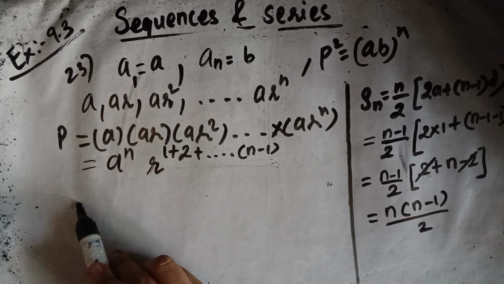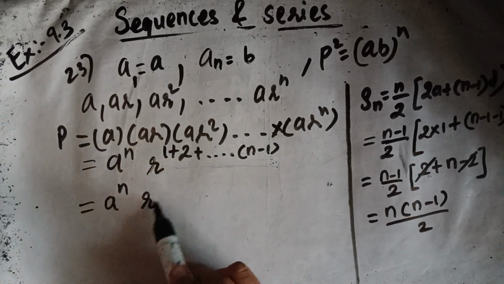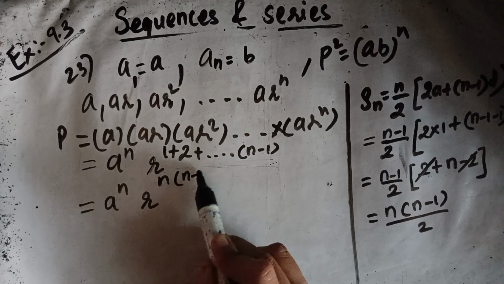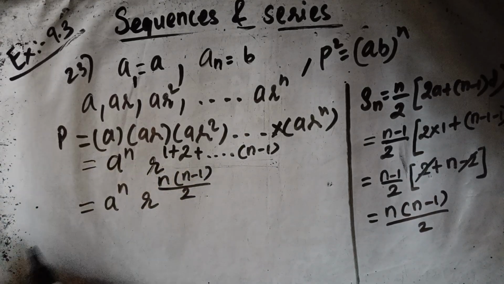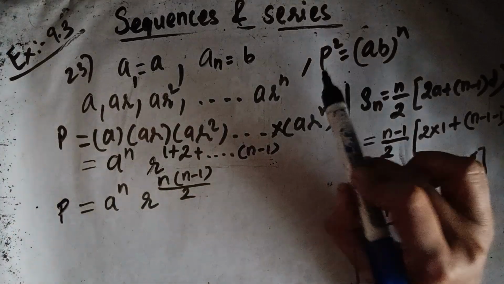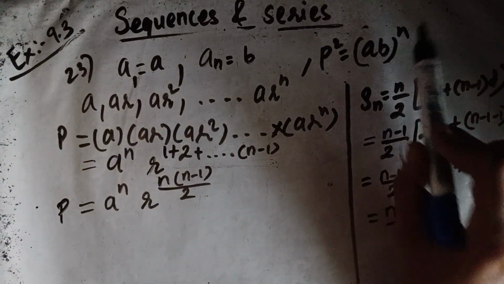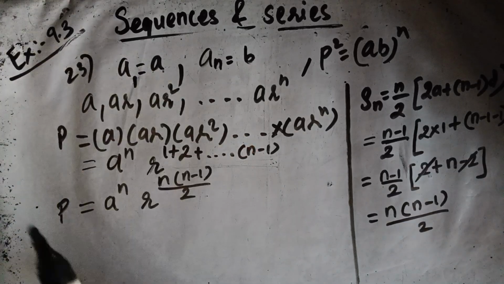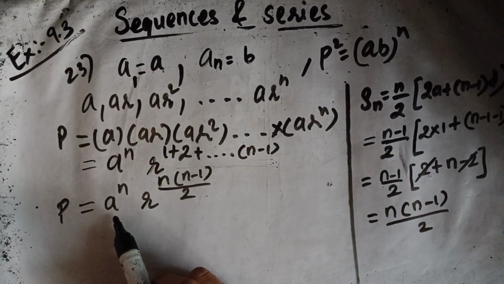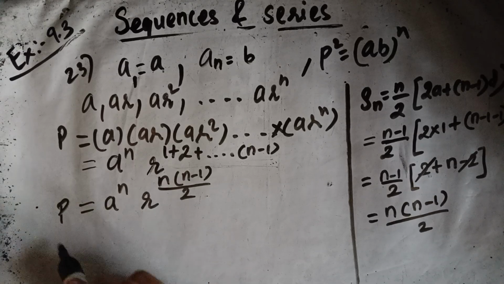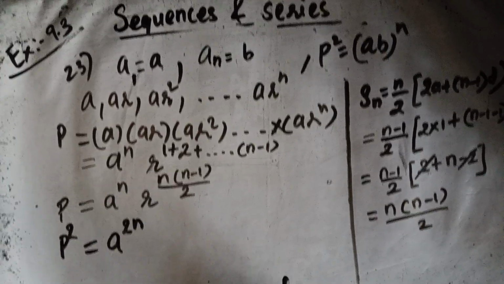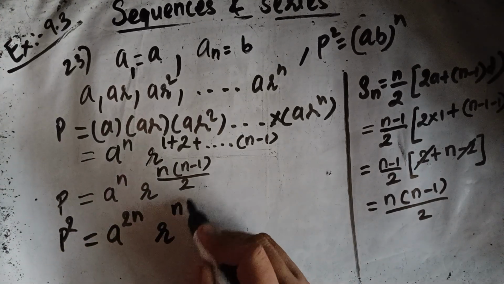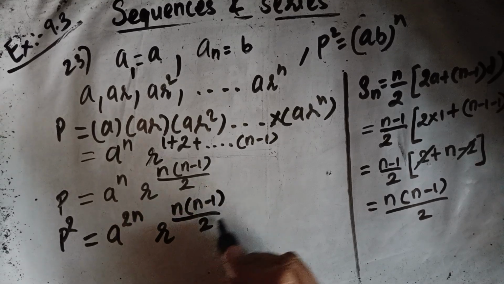So this is a raised to n, r raised to n into n minus 1 divided by 2. This is P, and we have to show that P square is equal to (ab) raised to n. If I square this, then this becomes a raised to 2n, r raised to n into n minus 1, the 2 upon 2 cancels.